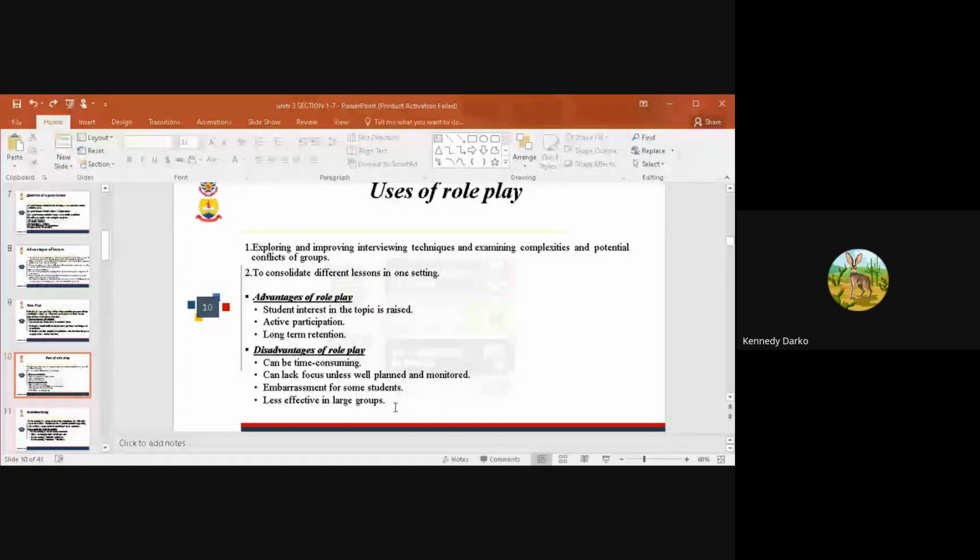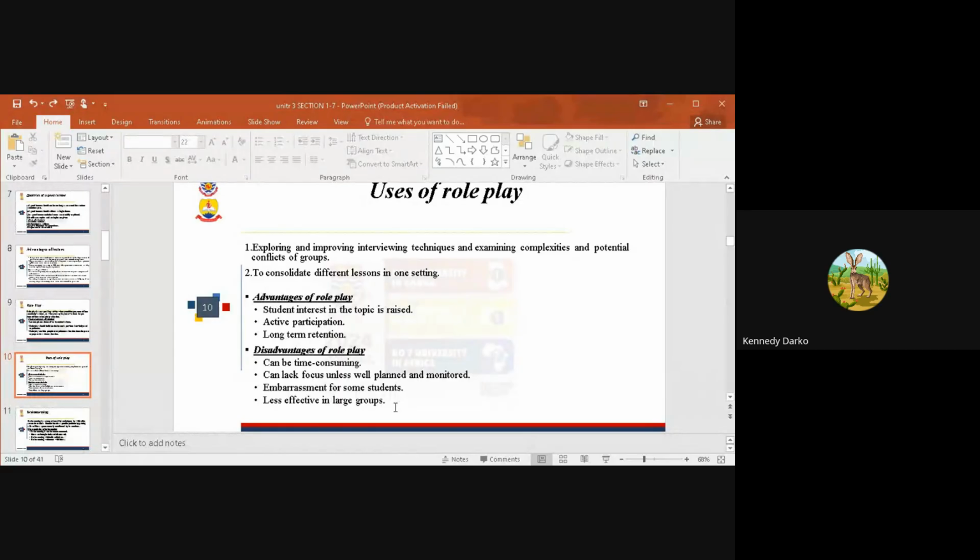All right. Now, uses of role play: exploring and improving interviewing techniques, and examining complexities and potential conflicts of groups. So you are using it for a kind of exploration, improving on interviewing, and as you do this, you are examining them.